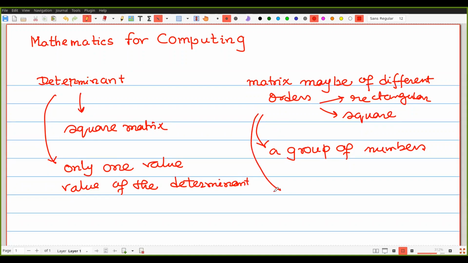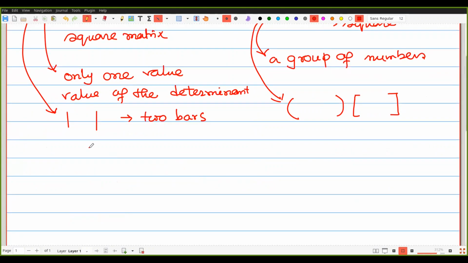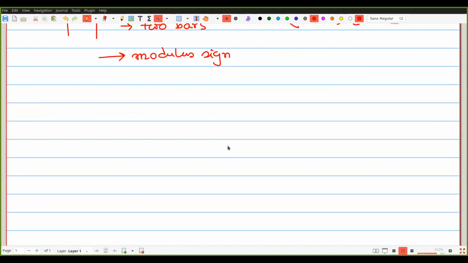Next, a matrix is represented by parentheses or square brackets. A determinant is represented by two bars, that is, the modulus sign.